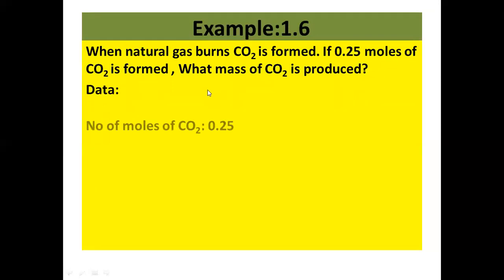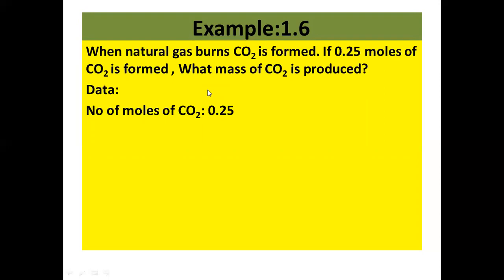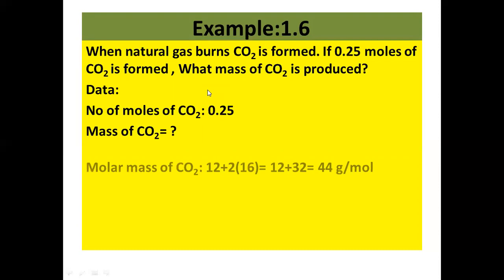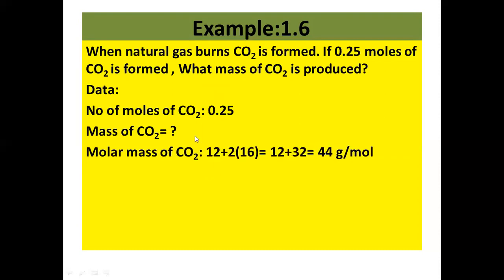So number of moles of carbon dioxide is 0.25 moles. Molar mass of carbon dioxide: atomic mass of carbon is 12. There are 2 oxygen atoms and atomic mass of one oxygen atom is 16. So 16 into 2 will give us 32. 32 plus 12 is 44 grams per mole, which is the molar mass of carbon dioxide.